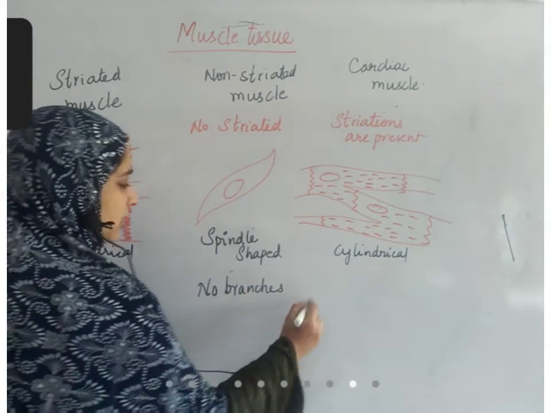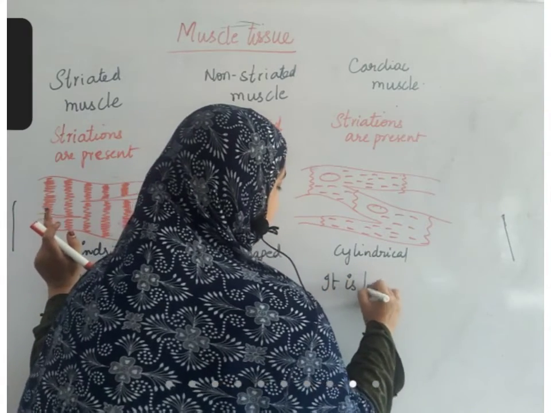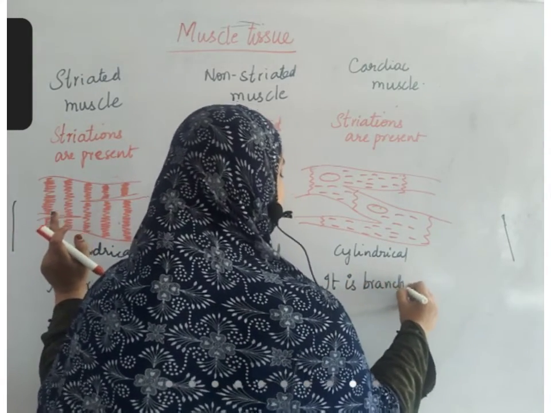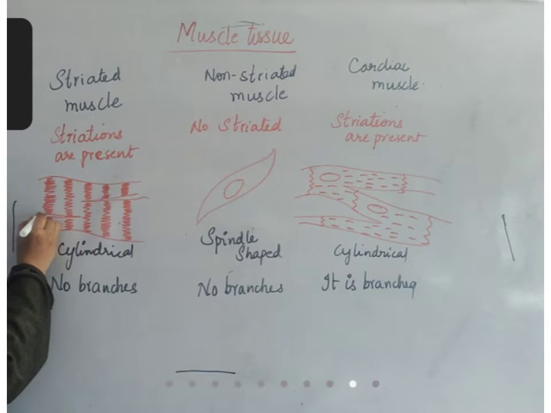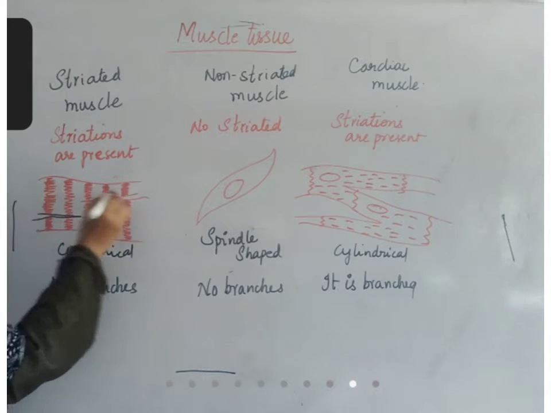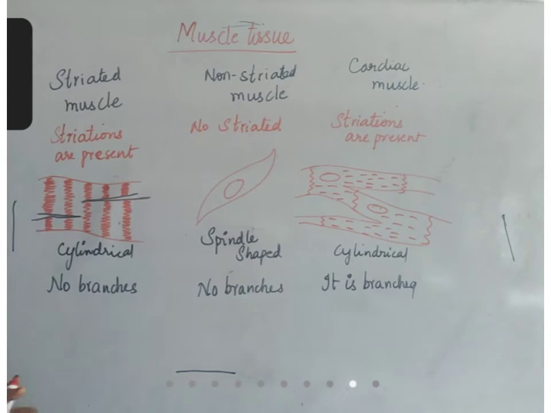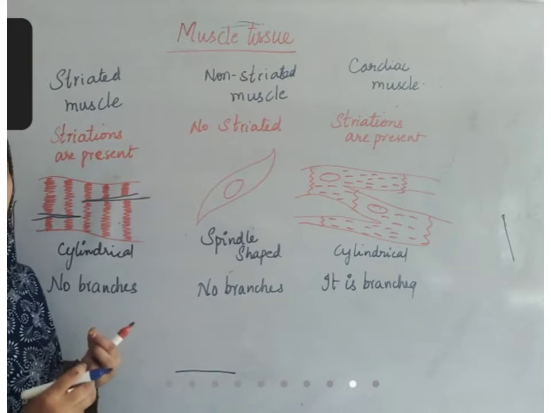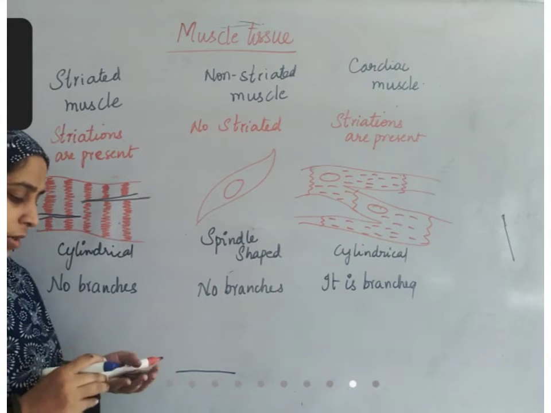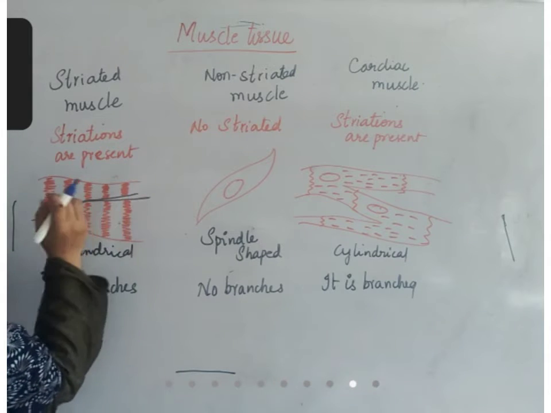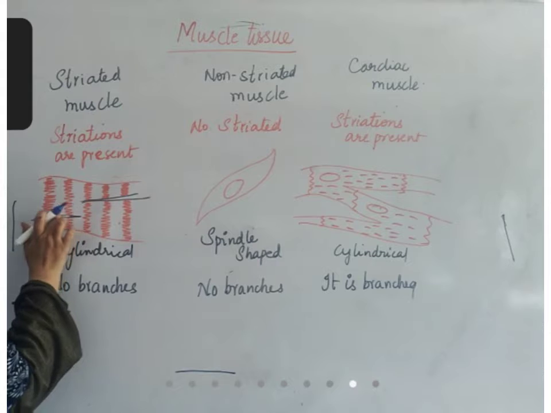Is it branched? Yes, cardiac muscle is branched. You can ask me one question: what are these cuts you can see in the striated muscle? They are small cleavages, breaks that are seen in between the muscle.